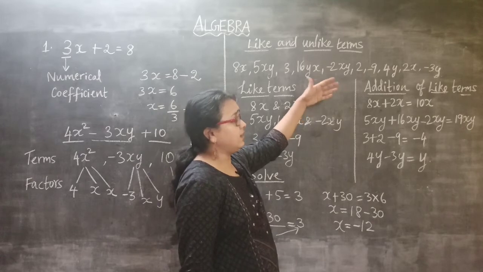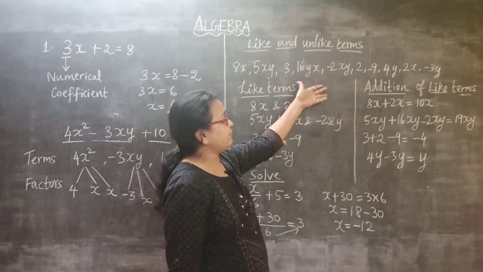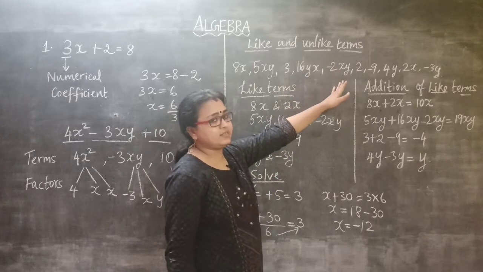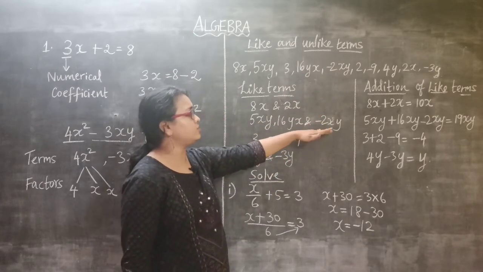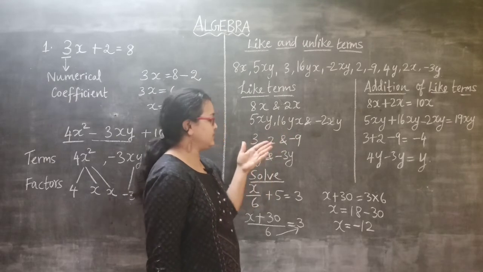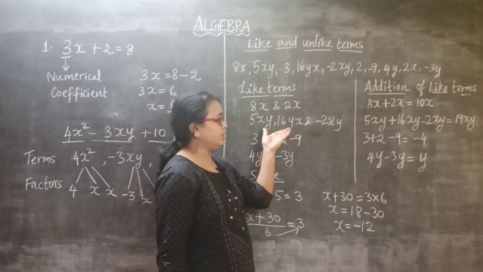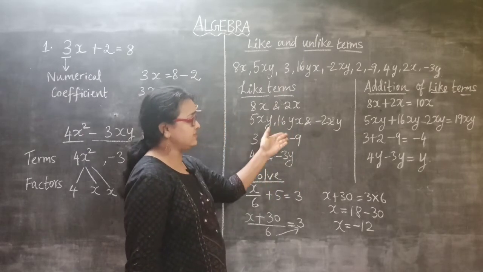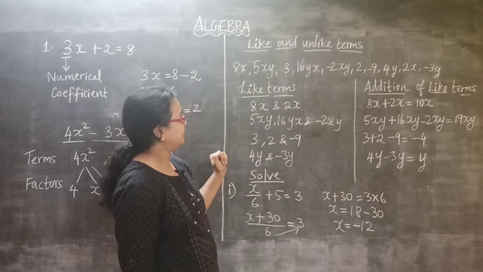You just have to see the variables and you can make them like terms. So minus 2xy will also be added along with this. That is the like term concept, right? 5xy, 16yx and minus 2xy are the like terms from these. We are separating the like terms here.